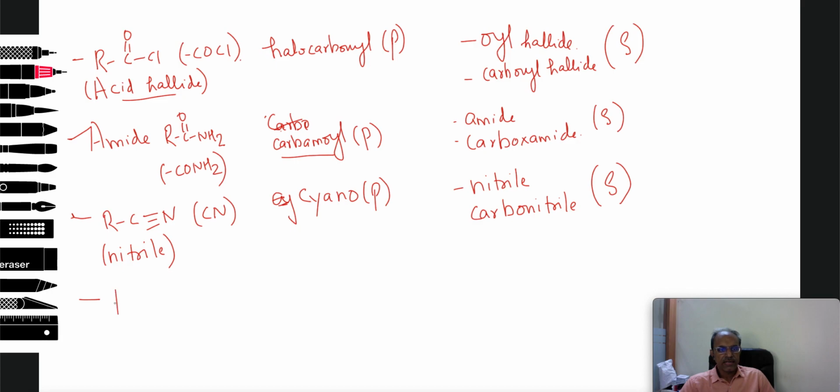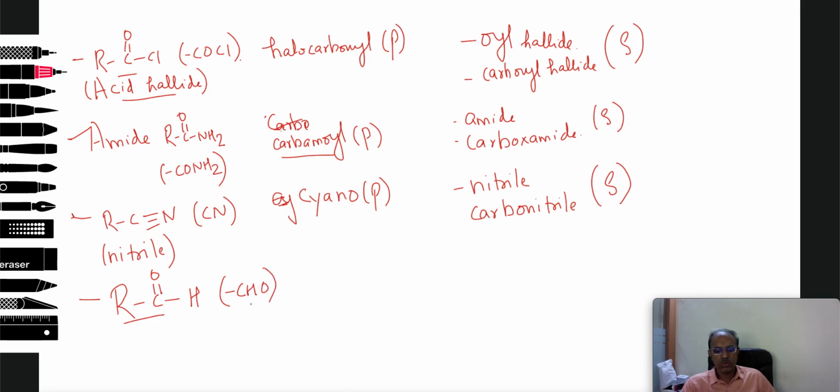Now, another thing. Again RC double bond O has come. RC double bond OH, which is written as CHO.